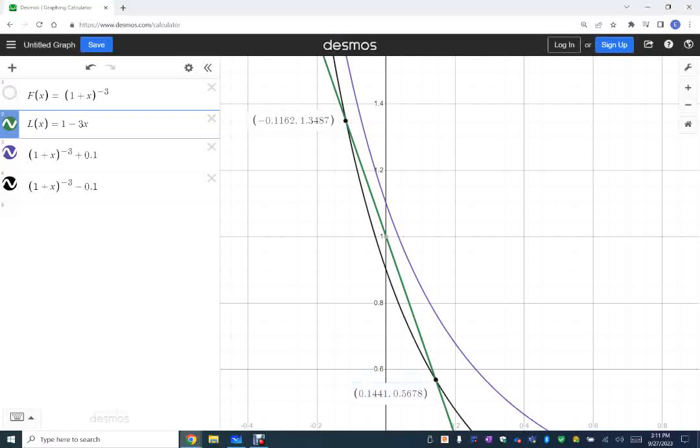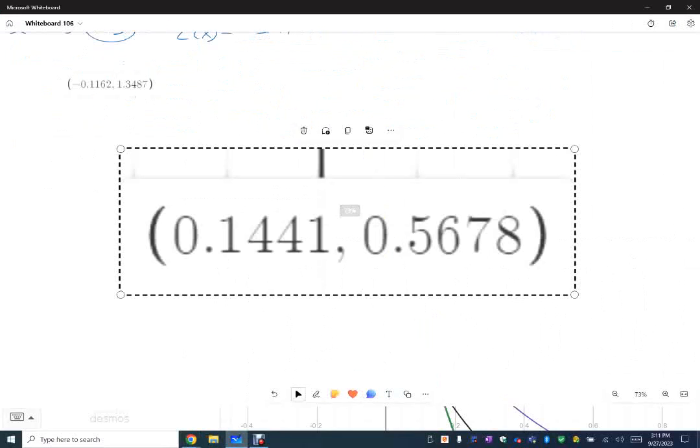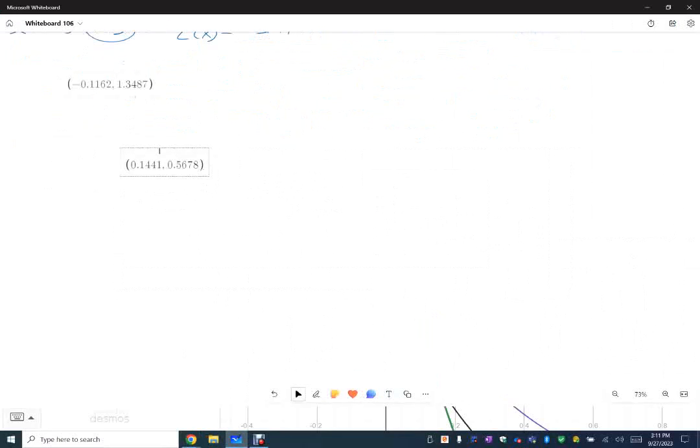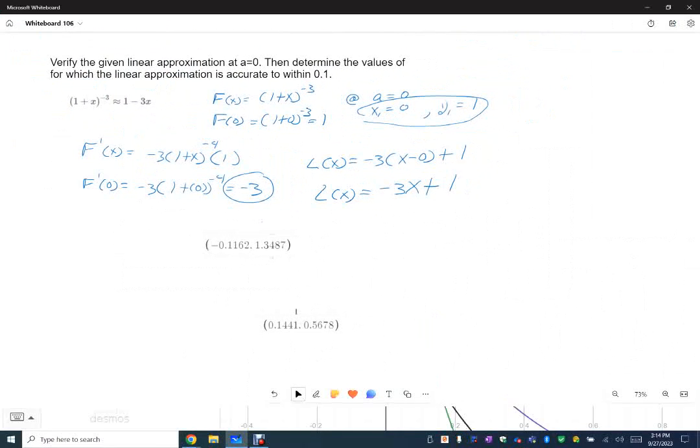So I do that, and so now I have my smallest x value and my largest x value.